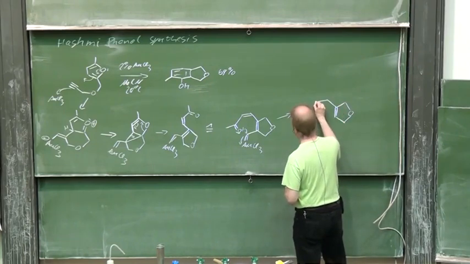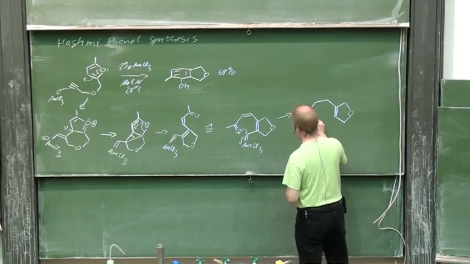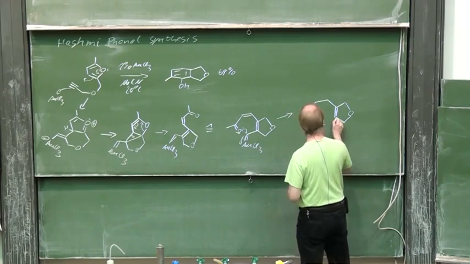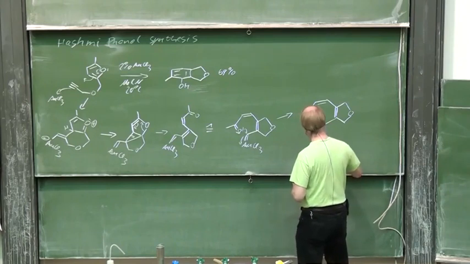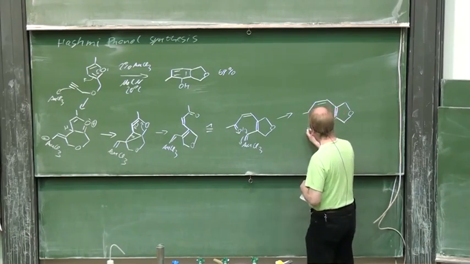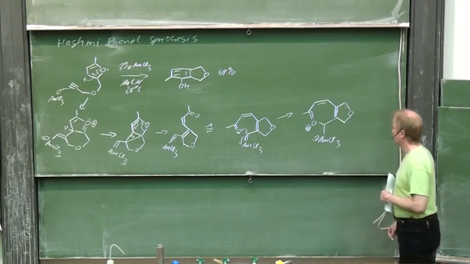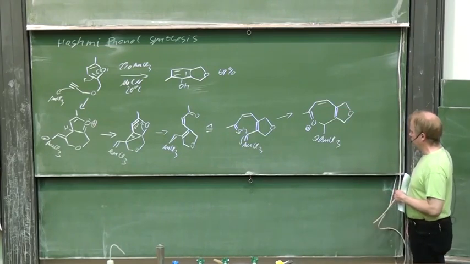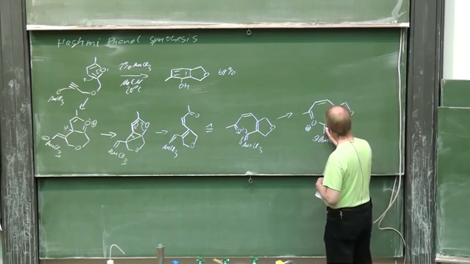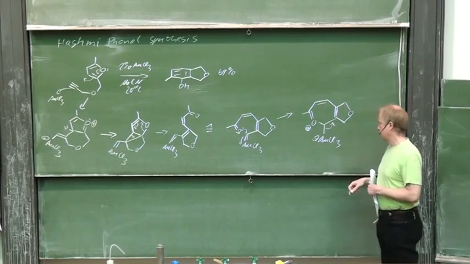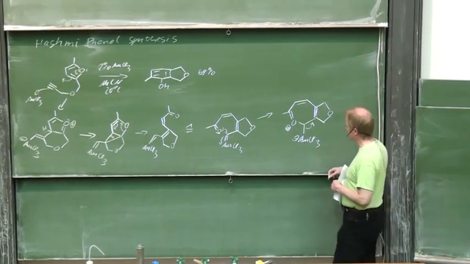Now we should draw a 7-membered ring system with that oxygen here. Well, and of course, now this is stabilized simply by setting free the gold chloride catalyst.